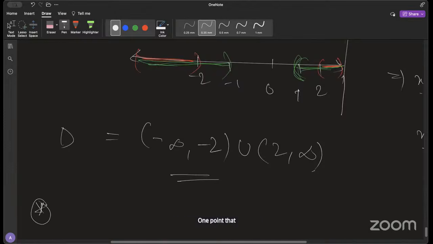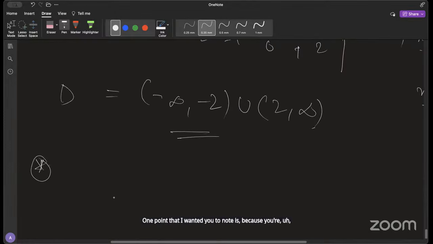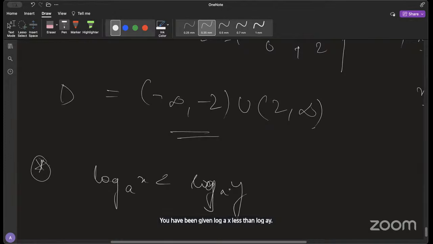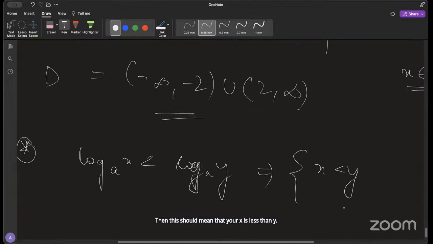Okay, then we'll move to the other thing. One point that I wanted you to note is that log is an increasing function. Whenever you see something like this, let's say you have been given log base a of x less than log base a of y, then this should mean that x is less than y when a is greater than 1, and when a is between 0 and 1, x should be greater than y.